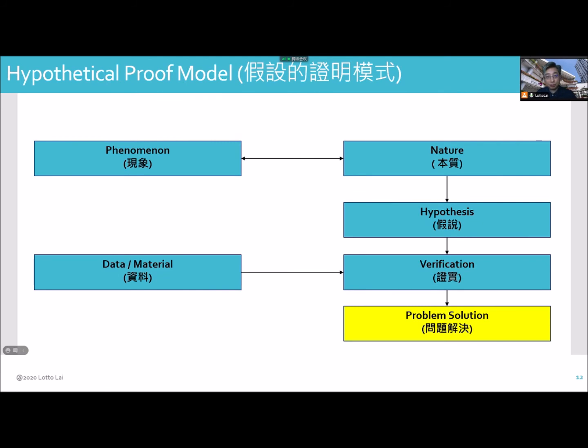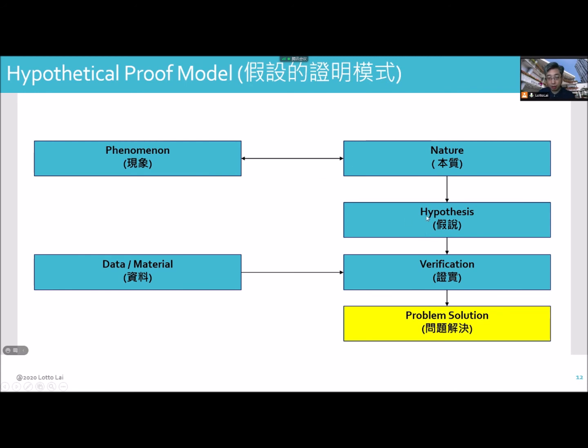The second model is a hypothetic proof model. You have a phenomenon. We study the nature of the phenomenon, and we propose the hypothesis and validate it, use the data to validate, and solve the problem. What is the difference between them? We observe and propose a hypothesis.